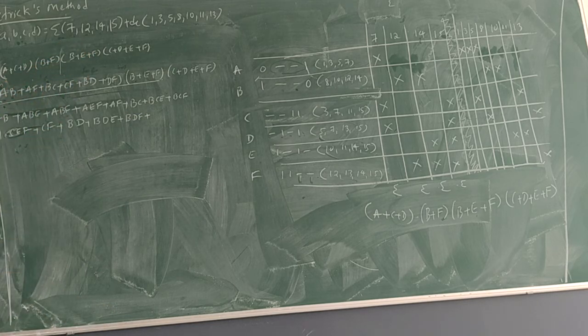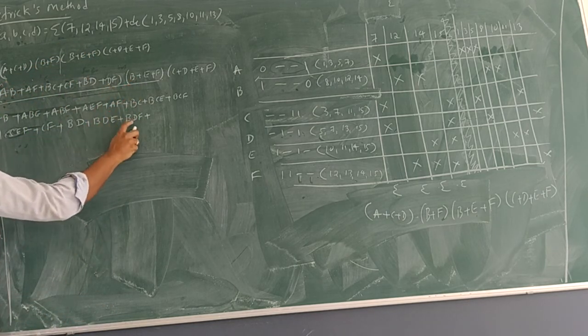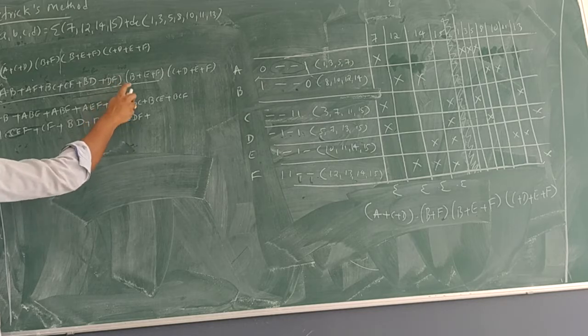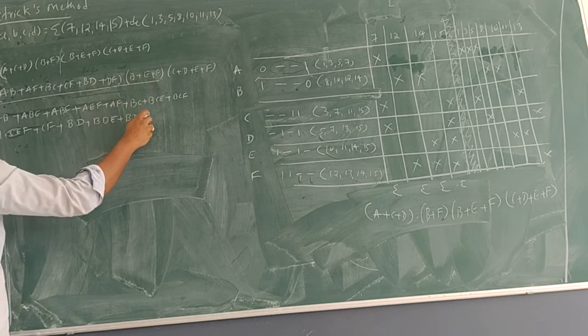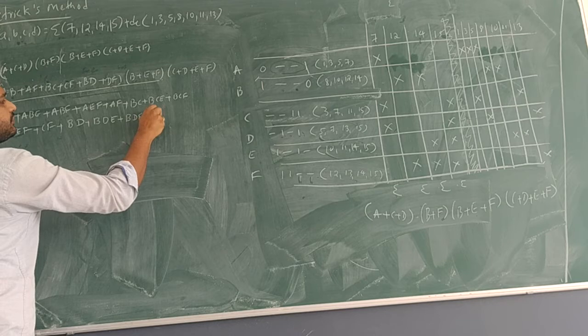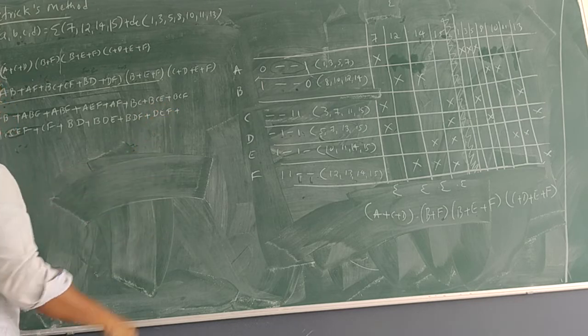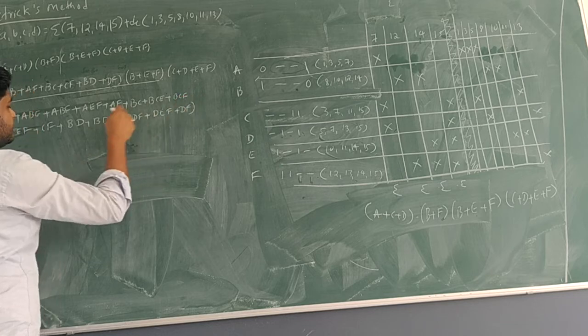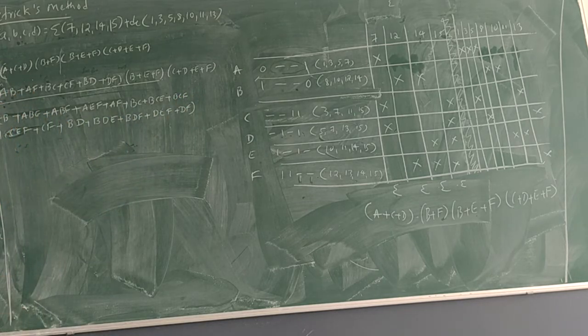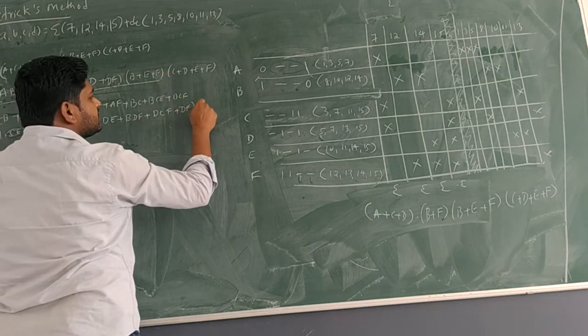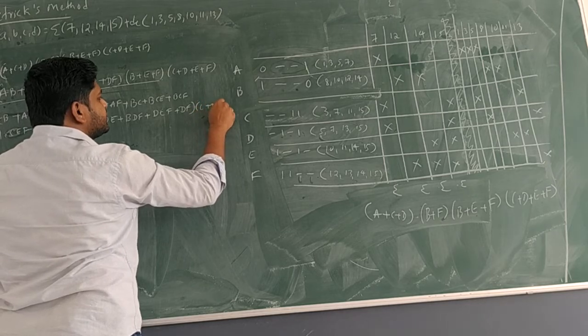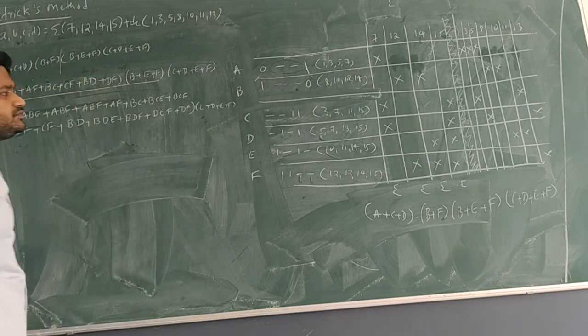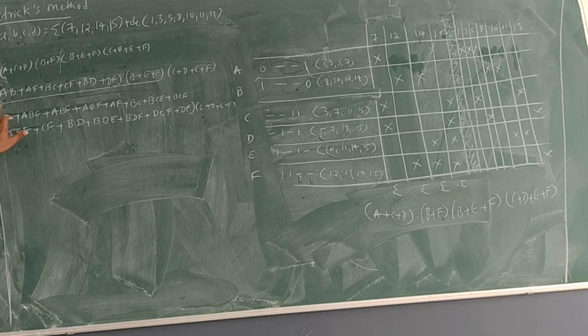Okay, so last, DF into B, which is BDF. Just now I wrote DF into E, DEF, plus DF into F will be DF. This expression should be multiplied with the last term, C plus D plus E plus F. So don't expand now.